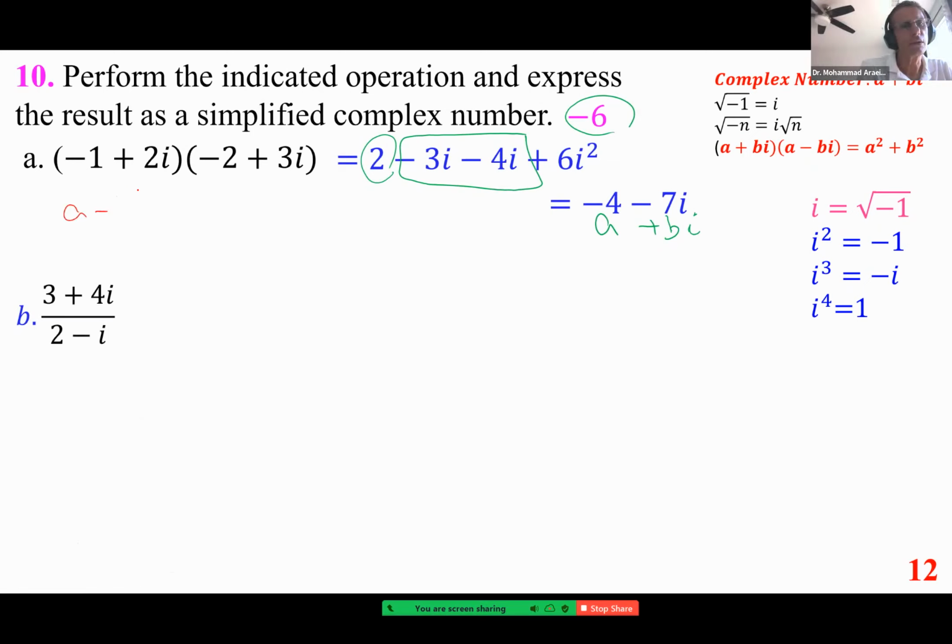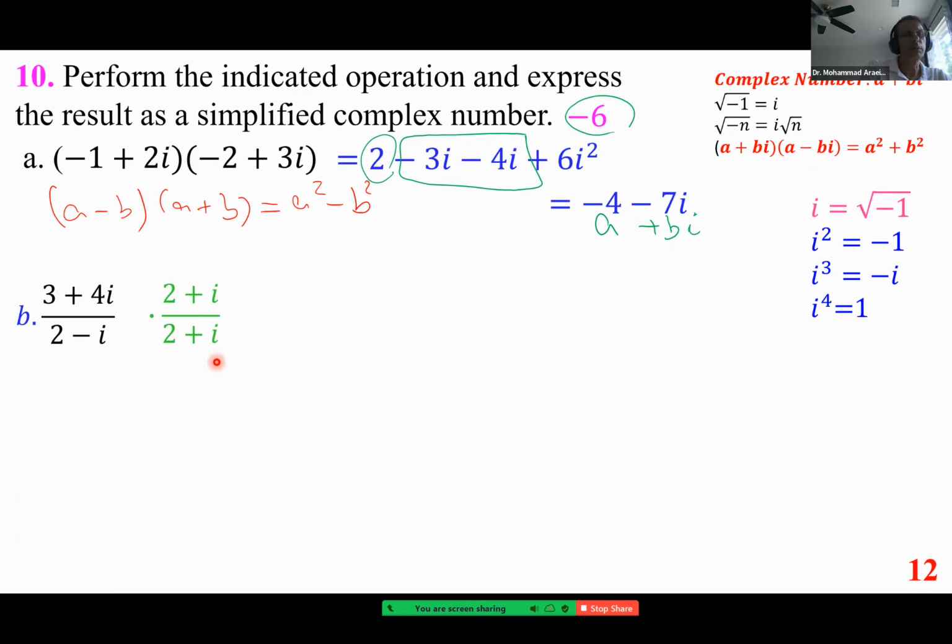The conjugate of a minus b is a plus b, which results in a squared minus b squared. The conjugate for 2 minus i is 2 plus i. So we're going to multiply and divide by it. And it is important to know this expression is equal to 1, so we can do that.